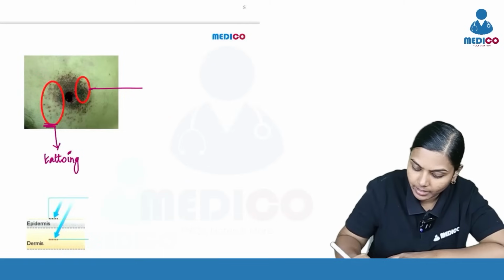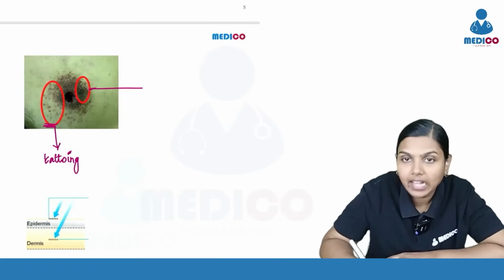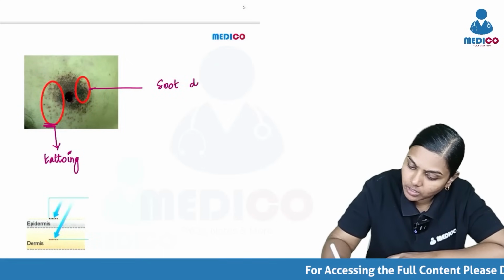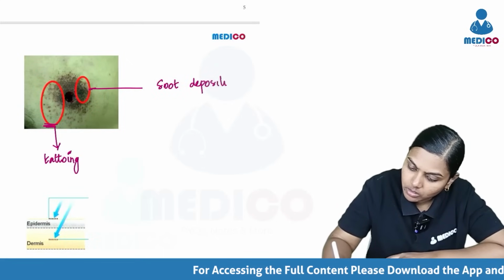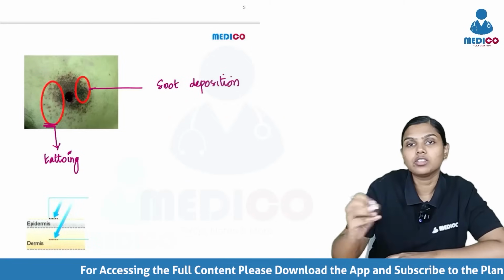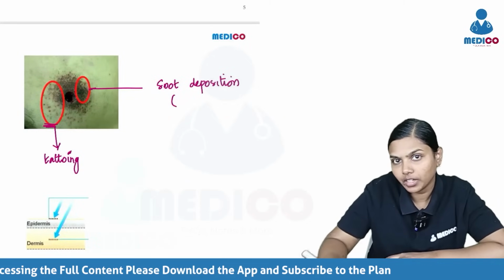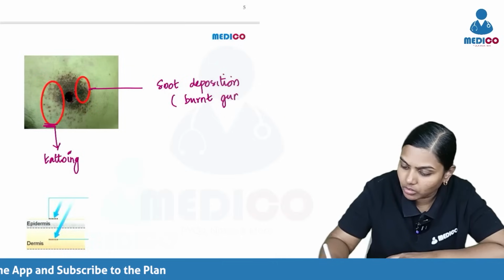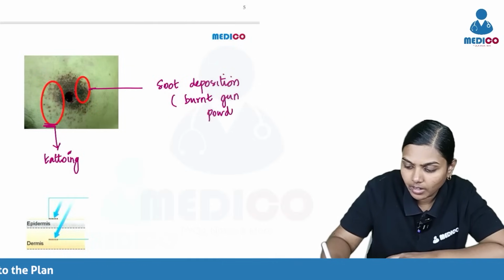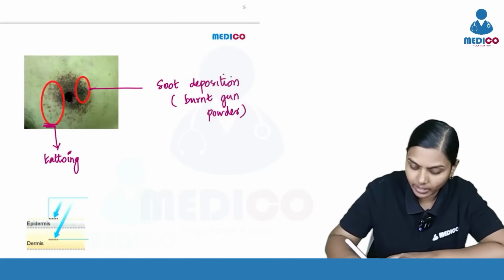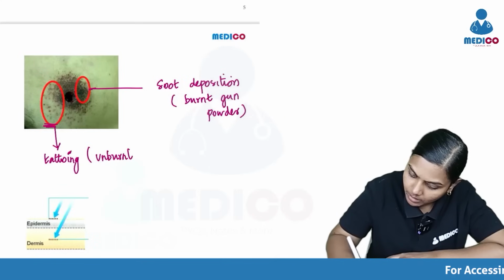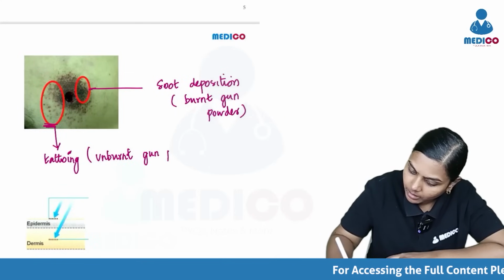And this black thing is soot deposition. So the soot deposition is due to what? It is due to burnt gunpowder, and tattooing is due to unburnt gunpowder.